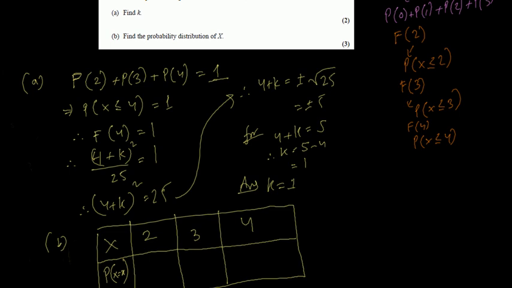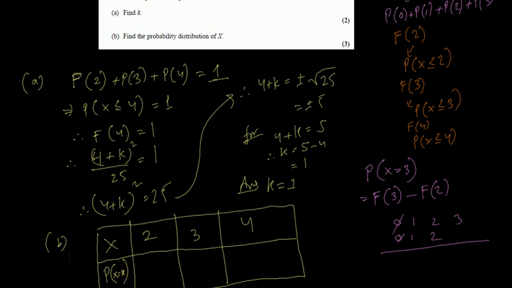Now if you remember, suppose you want to find the probability of x equals 3, you can find it by subtracting the previous cumulative probability from the cumulative probability. This happens because F3 represents from the beginning 0, 1, 2, 3 up to 3, and F2 represents from the beginning up to 2.